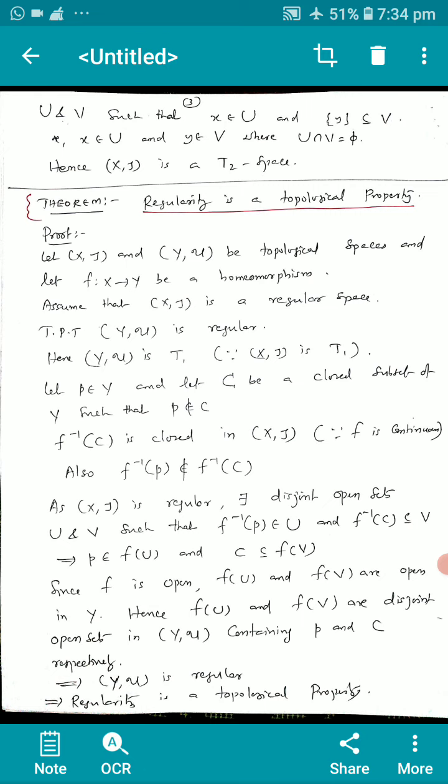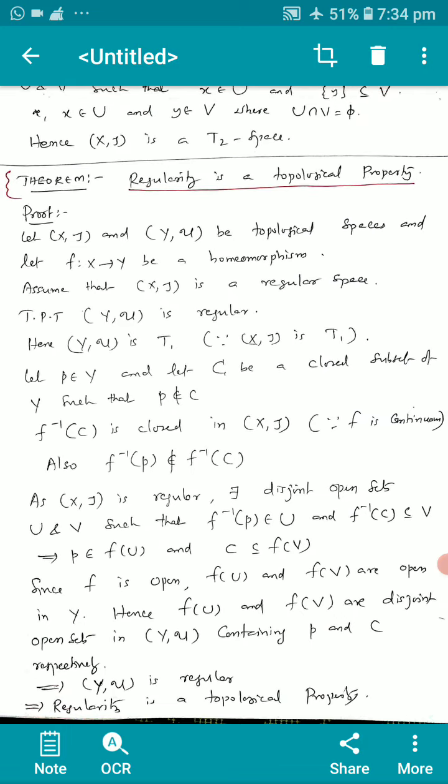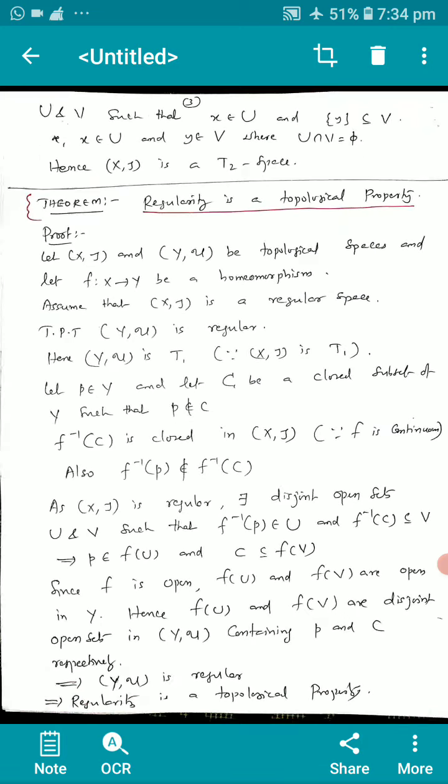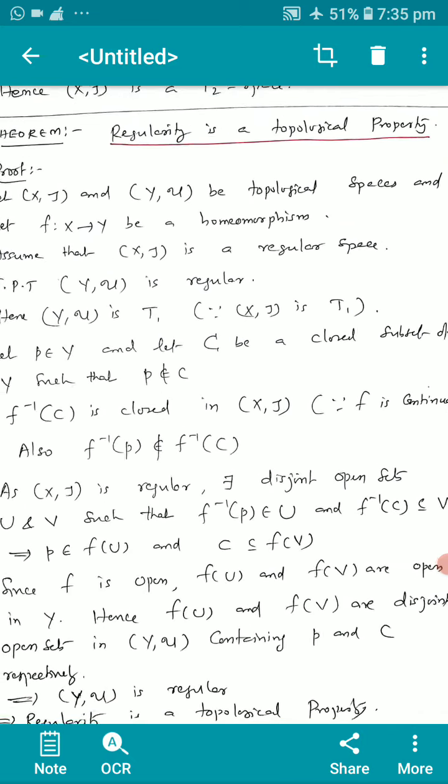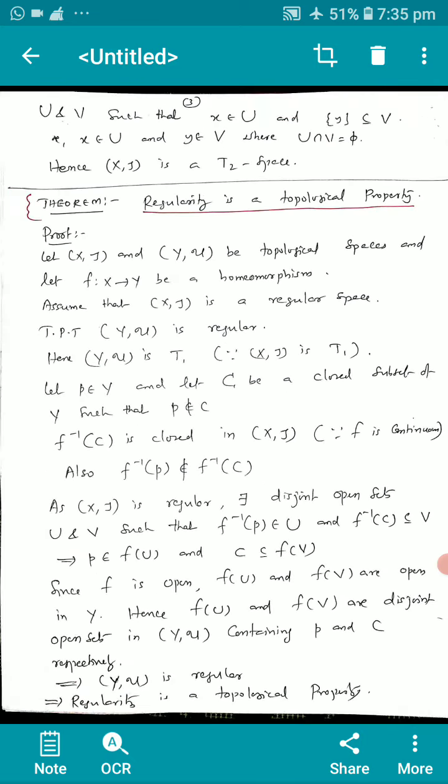Next theorem is an important theorem. Regularity is a topological property. We can discuss the proof. Let X and Y be topological spaces, and let f from X to Y be a homeomorphism. Assume that X is a regular space. What do we have to prove? We have to prove that Y is regular. Clearly, Y is a T1 space because X is a T1 space and f is a homeomorphism.